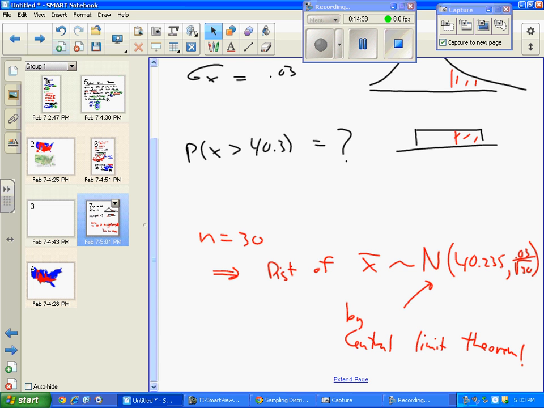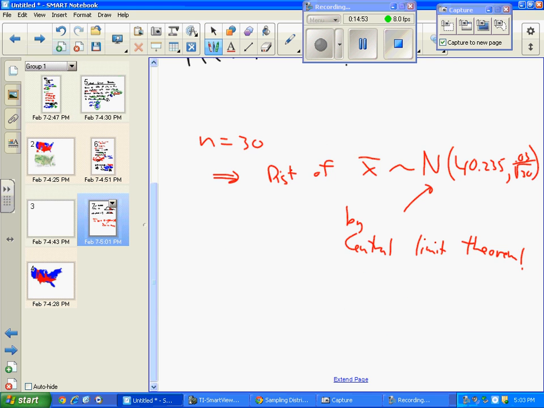The central limit theorem is a very powerful theorem. It actually helps us find probabilities in questions where we don't know anything about the distribution of the population, but we can say something about the sampling distribution. So in this problem, we can ask, hey, what's the probability of x bar being greater than 40.3?